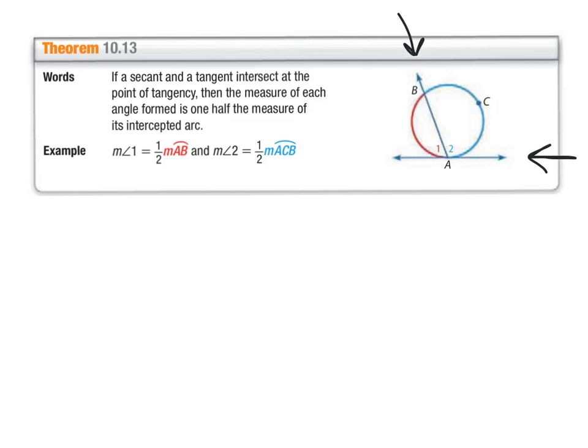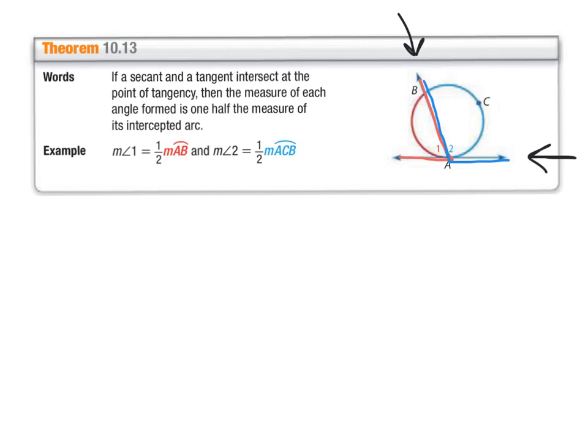It just so happens that the measure of angle 1, and angle 1 is going to be this angle right here, is going to be equal to half of the measure of arc AB. And the same thing happens on the other side. Angle 2 is this angle right here.